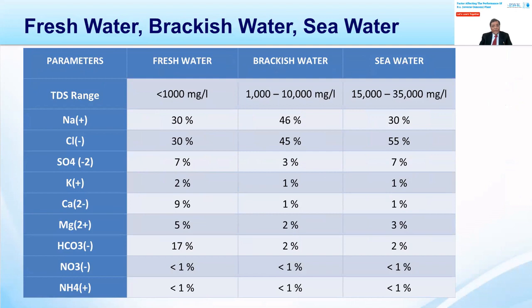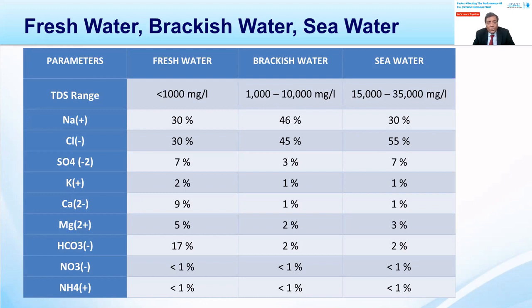I have mentioned in these slides that most of the ions are 30% sodium and 30% chlorides, and in brackish water, 1000 to 10,000 TDS, we have around 46 to 45% sodium chloride ions. And in seawater, we have 30% and 55%, and these are the major impurities in the various sources of water.